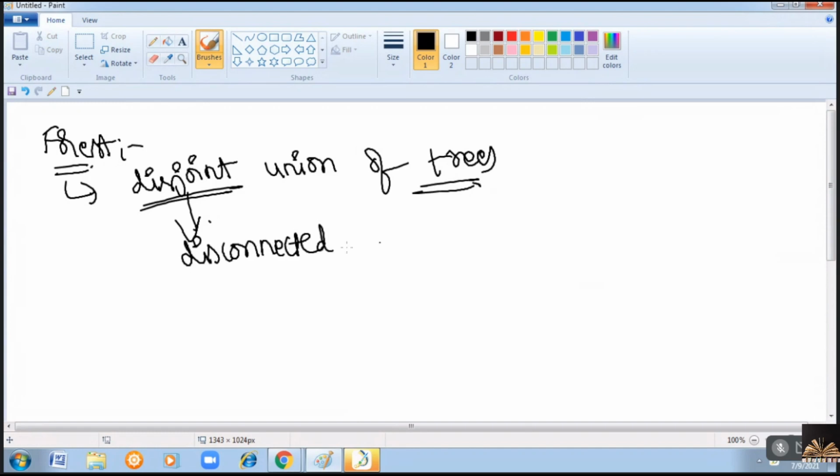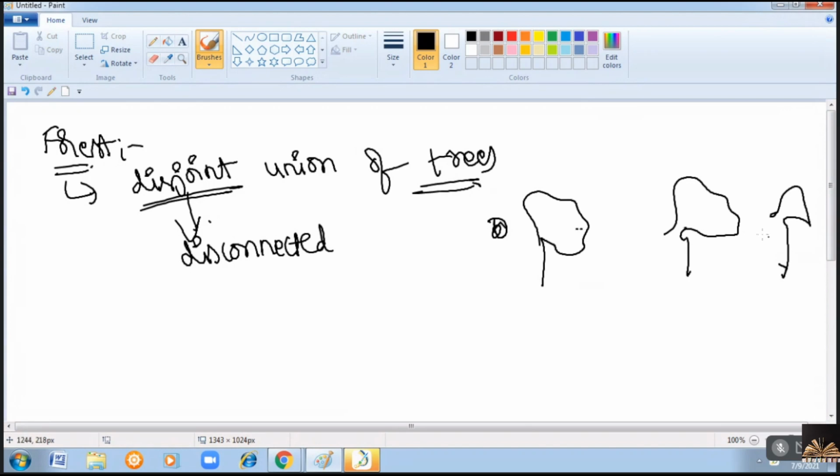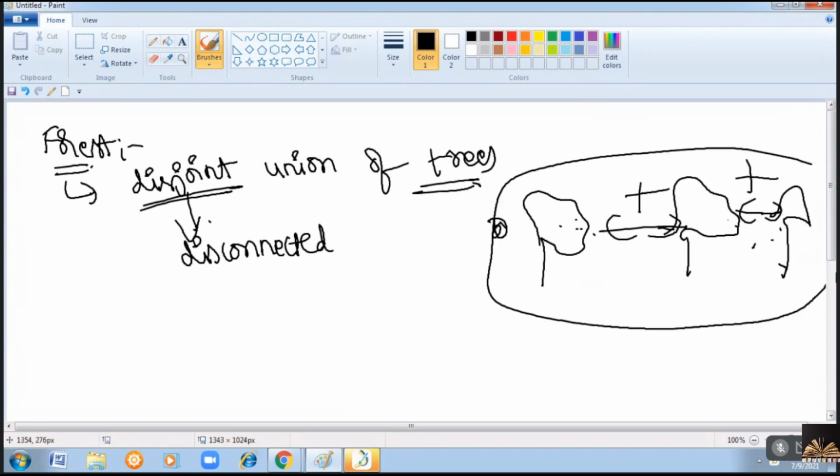N number of trees will be there, but these trees are disconnected. There is no connection between these trees, right? But when you combine all these trees, you can call it one forest. So the disjoint union of trees is called a forest.